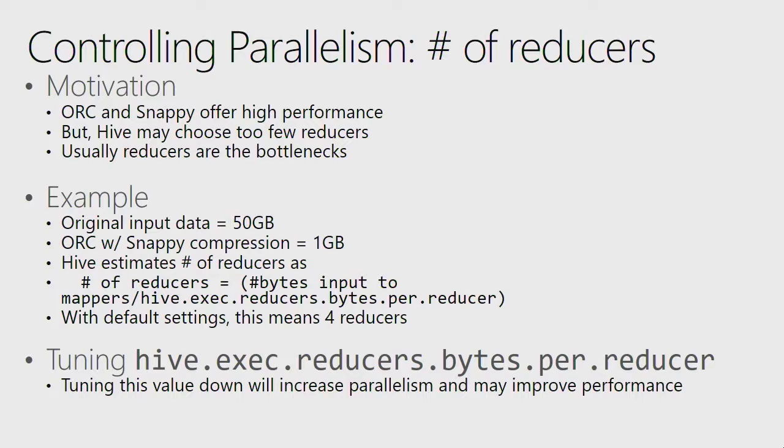So even though your original data has 50 gigs worth of data, it compressed it to 1 gig. So Hive will calculate the number of reducers for 1 GB by 256 megs, so about 4, which may or may not be enough, because remember the uncompressed data is about 50 gigs. So in this particular case, if you tune this setting, it might improve performance.